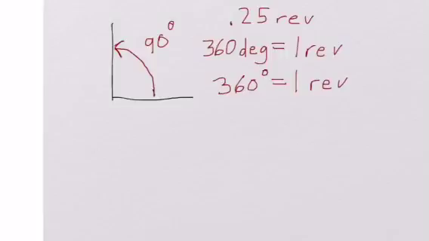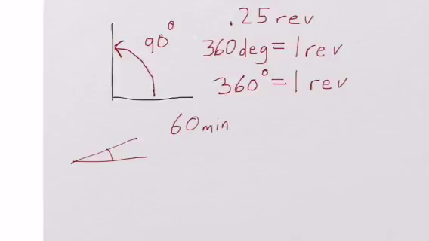But suppose we had some other angle, like that. Now, I didn't go out and measure this angle, I just drew it here, so it might come out that it's an exact number of degrees. But if it doesn't, we can subdivide a degree. We're going to divide it into minutes.